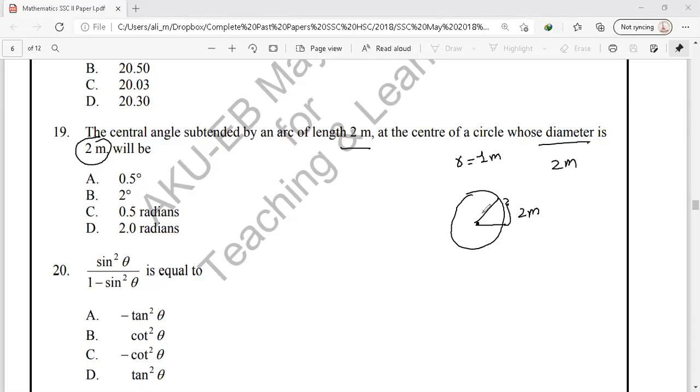So the radius of the circle is 1 meter, and we have to find the angle subtended at the center of the circle. So we know the relation between them, that is arc length is equal to radius times the central angle measured in radians. So theta would be equal to L over R. So arc length is 2 meters and the radius is 1. So we can get theta as equal to 2 radians. And in question number 19, our correct option is option D.